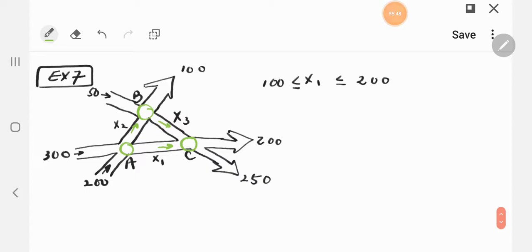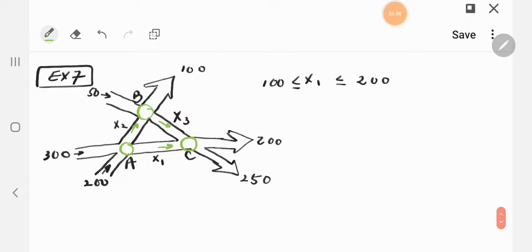Example 7. This is related to traffic flow in one direction. There are 3 junctions, 3 intersections A, B, C, and at each intersection cars are coming in and cars are going out.